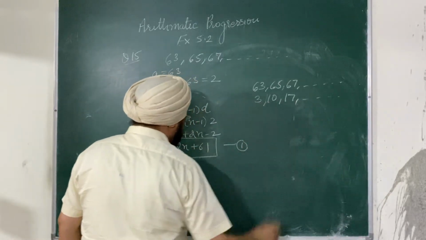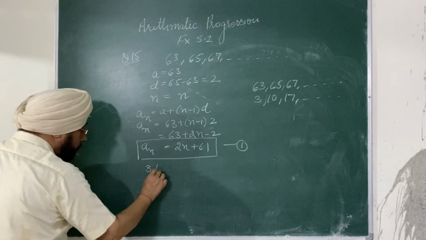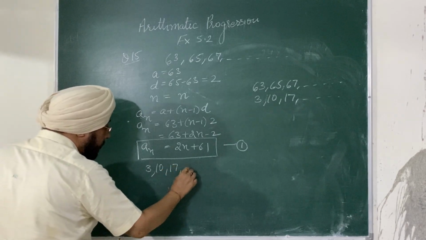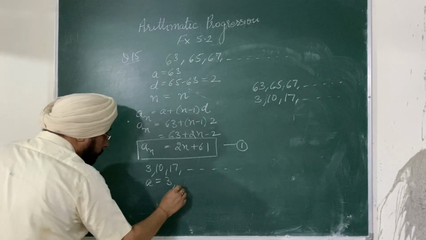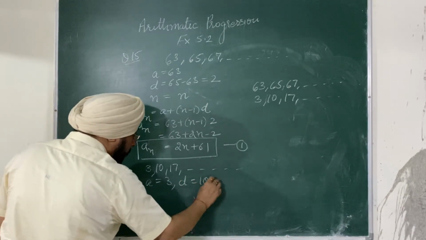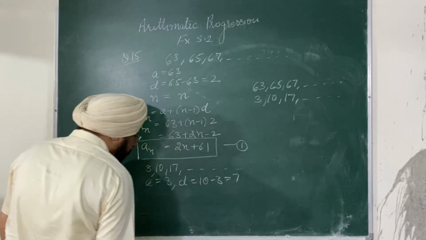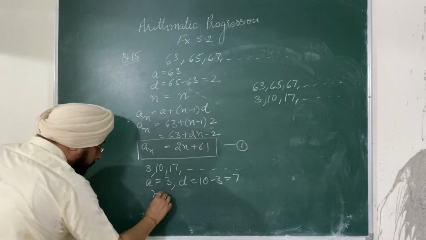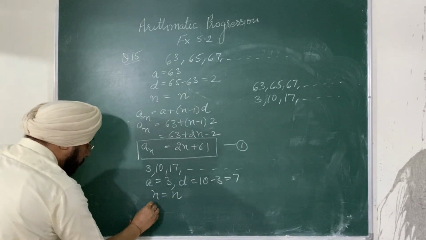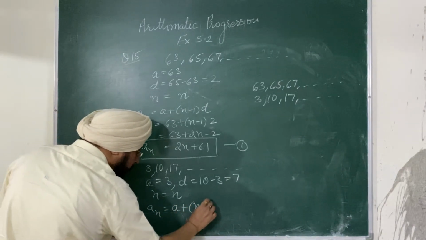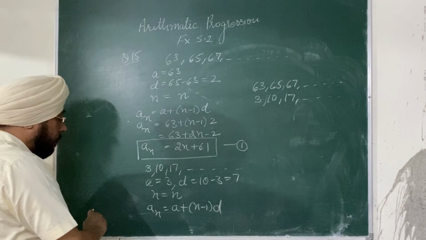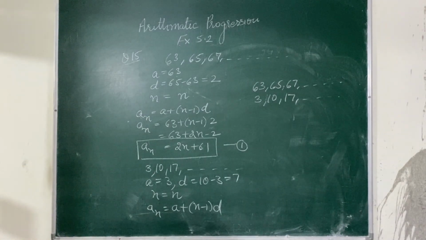Now consider the second AP, that is 3, 10, 17 and so on. So accordingly a is equal to 3, d is equal to 10 minus 3, that is 7. Again we have to take the nth term, so n remains n. Apply the formula an is equal to a plus n minus 1 into d. Now you can substitute this value.